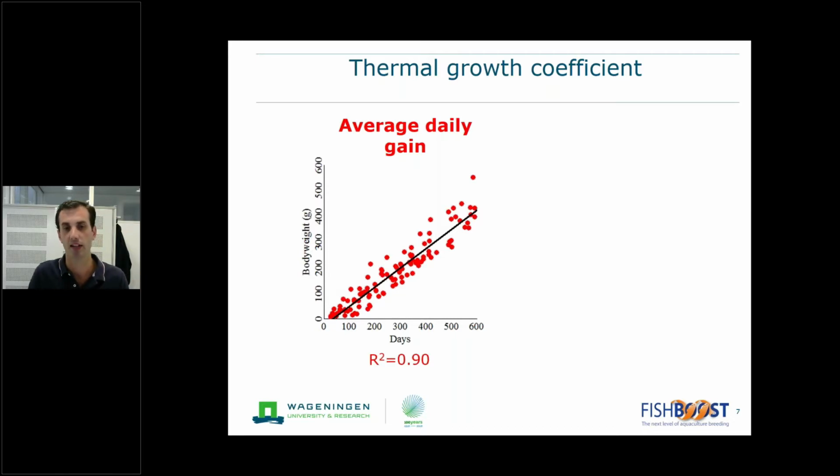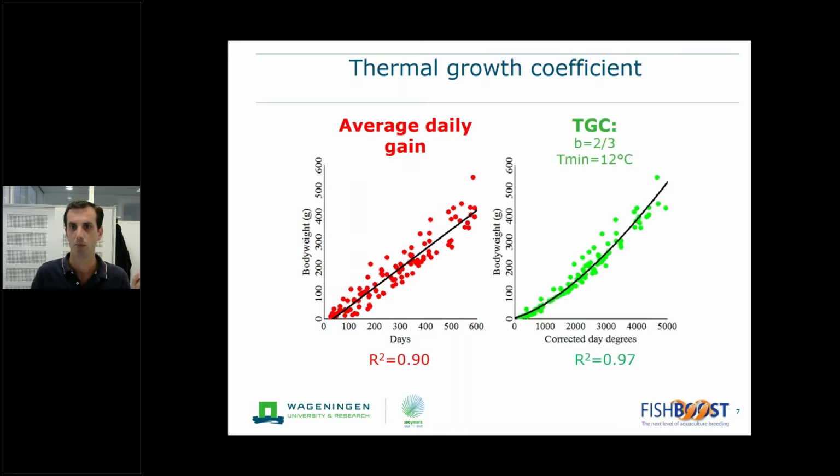And I fitted a linear regression over these data points, which is the black line, which is average daily gain, in fact. And you see that the model doesn't really describe the data very nicely. But when we use thermal growth coefficient, we are able to explain much more of the variation in body weight. So the model fits the data much nicer, and we get a more accurate description of growth.